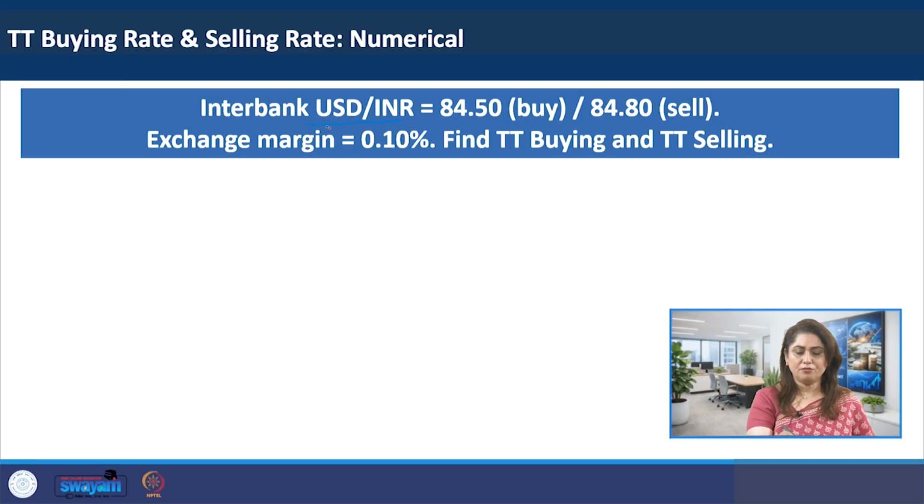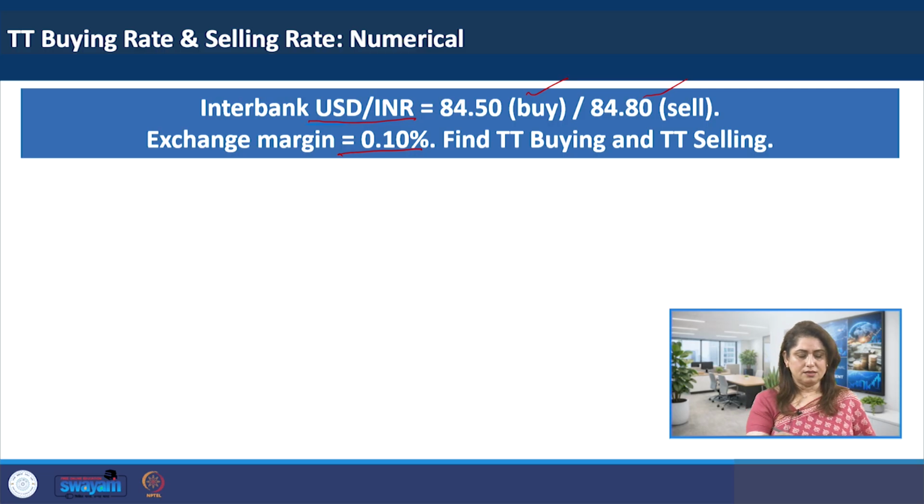Now let me explain TT buying rate and selling rate with the help of an example. We have been given the interbank USD INR rate where 84.50 is the buy rate and 84.80 is the sell rate. Now the exchange margin given to us is 0.10%. Find TT buying and TT selling.